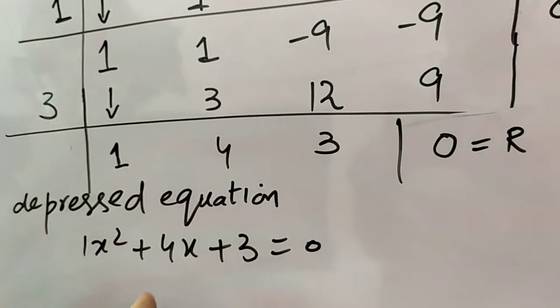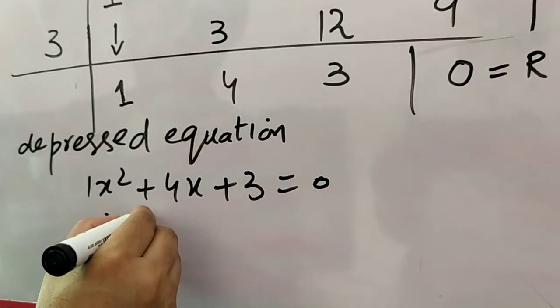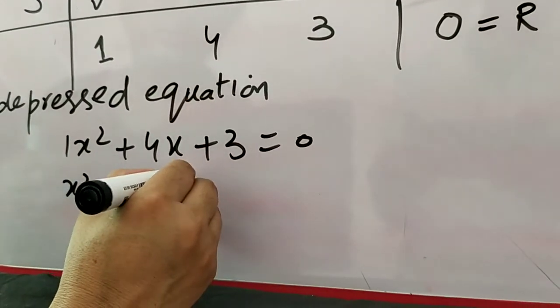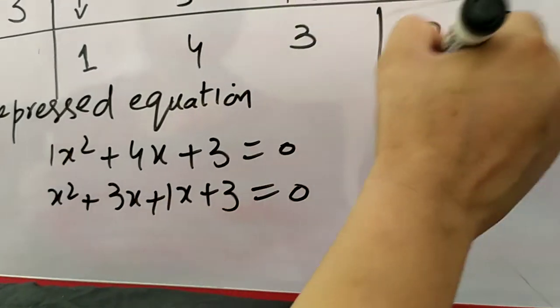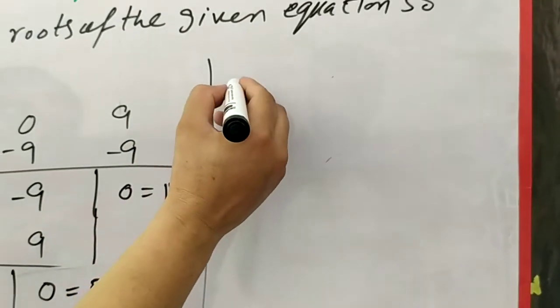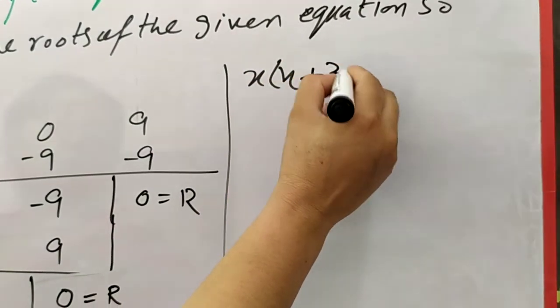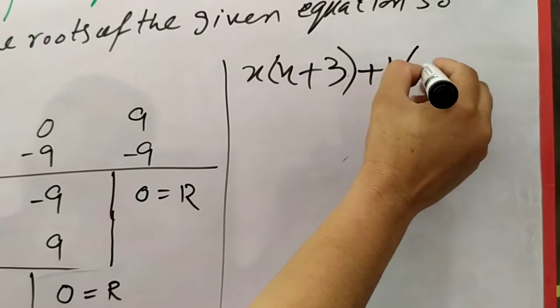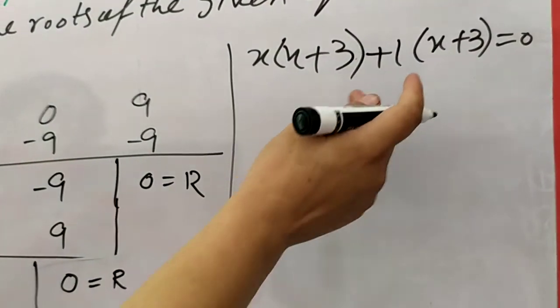Now the possible factors are x^2 plus 3x plus 1x plus 3 equal to 0. Now taking x common from the first two terms, x plus 3, and 1 common from the others, x plus 3.